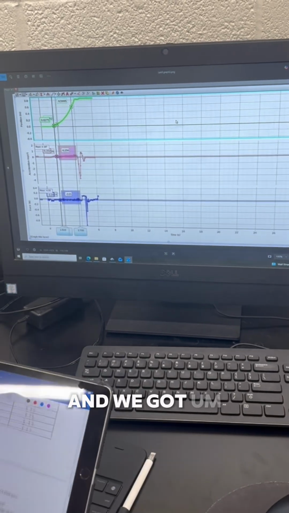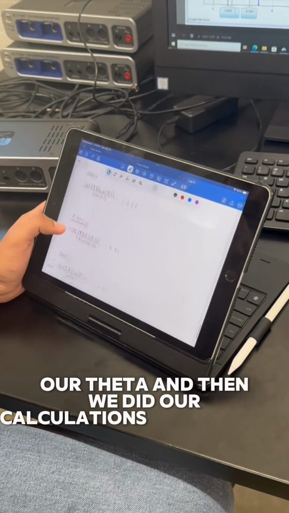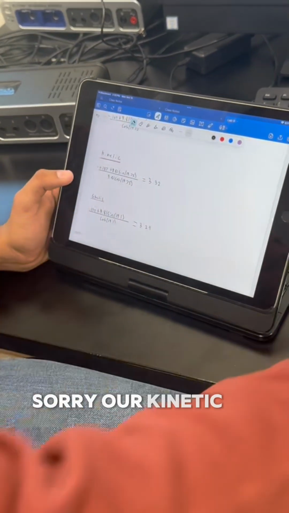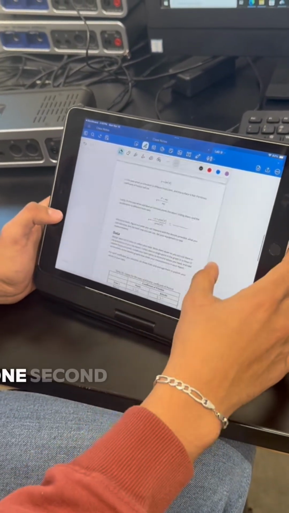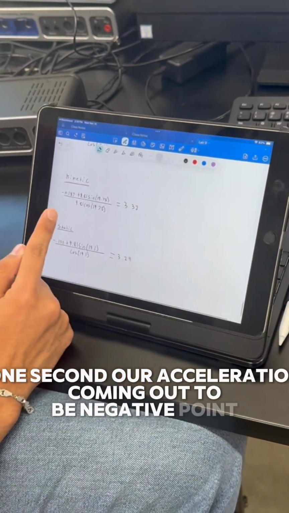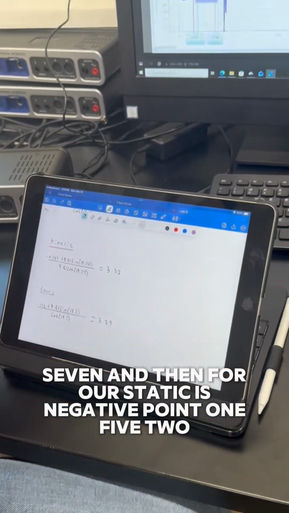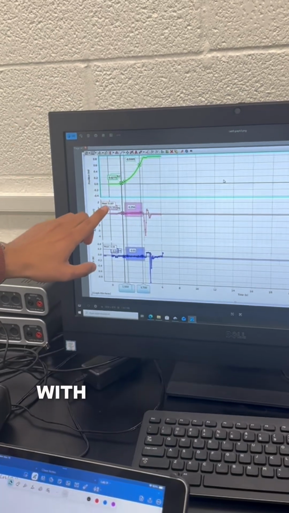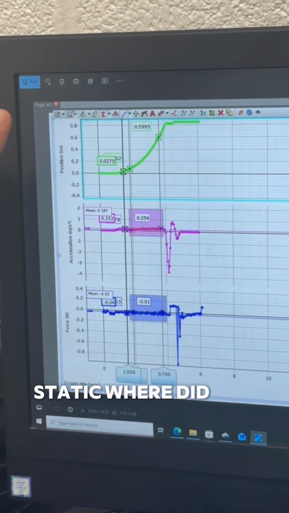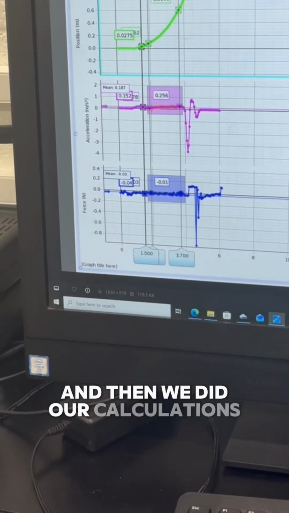And we got our theta, and then we did our calculations for that one with our acceleration coming out to be negative 0.187, and then for our static is negative 0.152, which were shown right here on the graph, with our mean being 0.187, and then our static, this one, 0.152. And then we did our calculations.